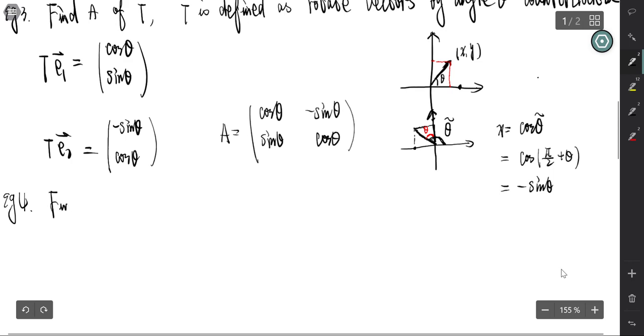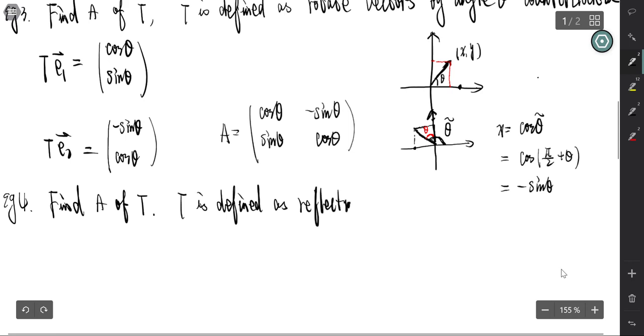Find A of T. T is defined as reflecting by the line y equals x.